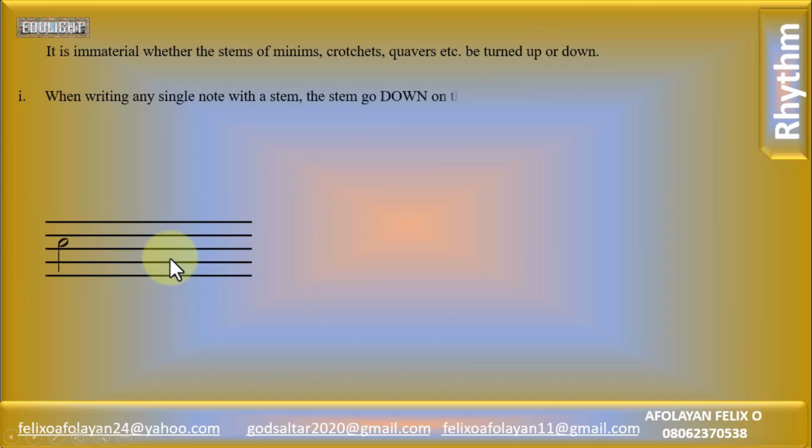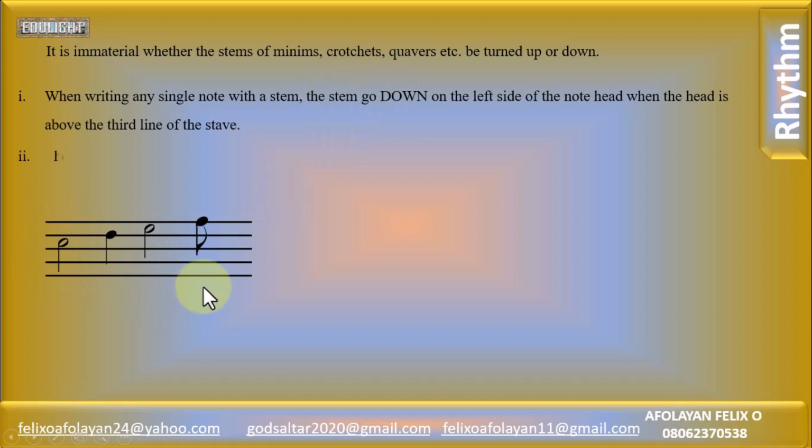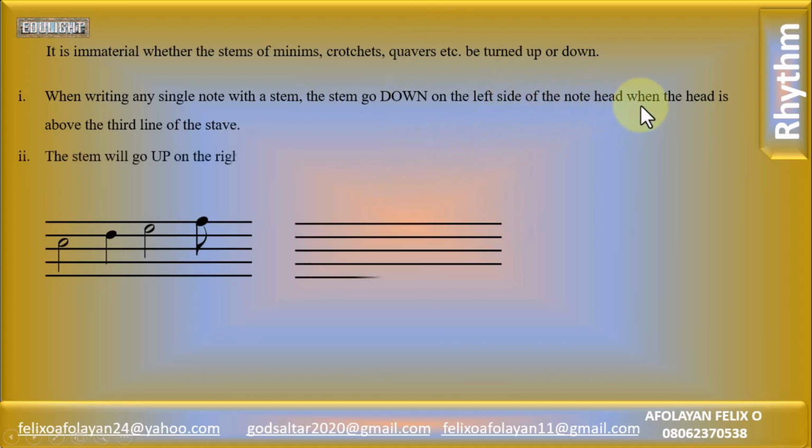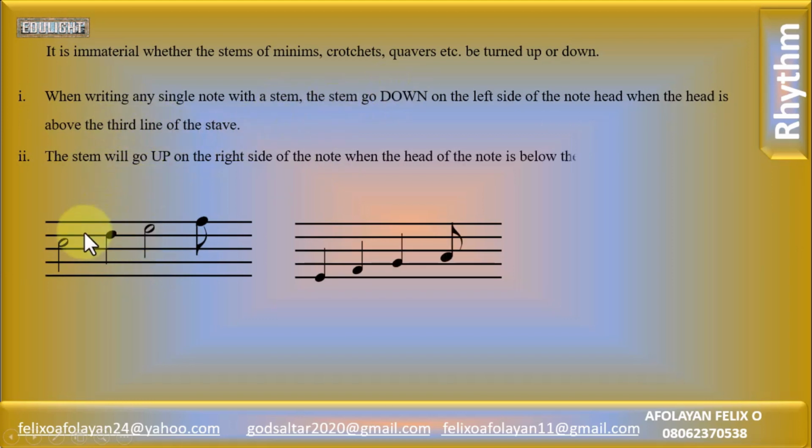When writing any single note with a stem, the stem can go up or down. On the left side of the note, when the head is above the 3rd line of the staff, the stem will go down. Then the stem will go up, like the one we are seeing here.